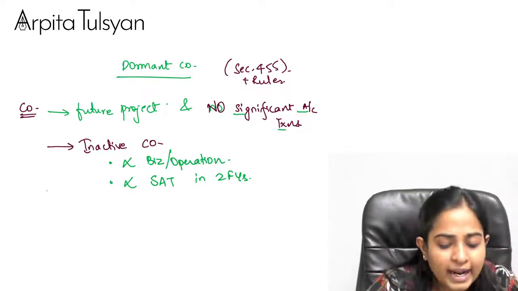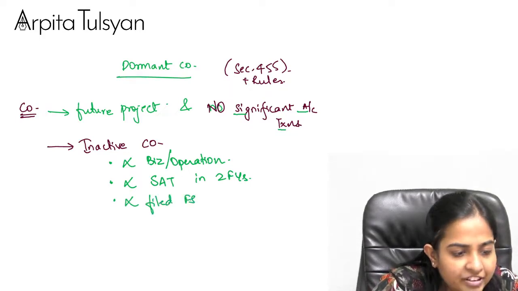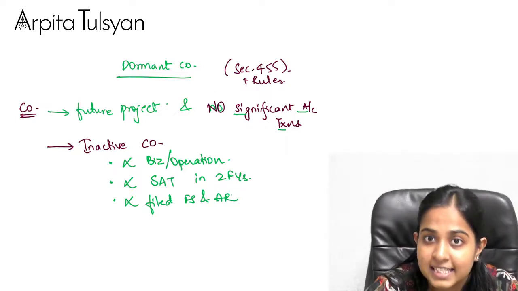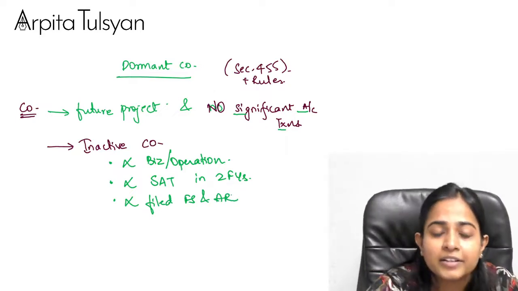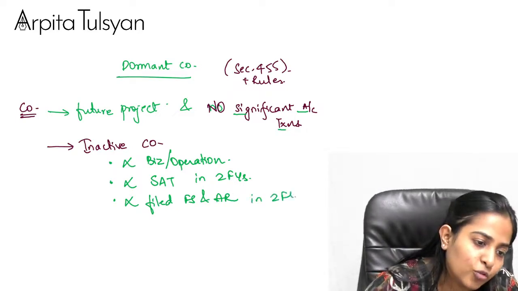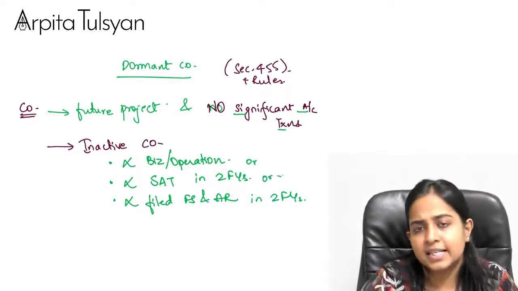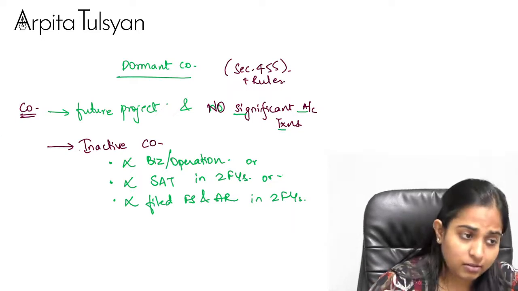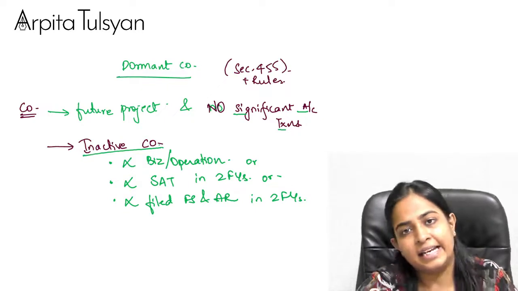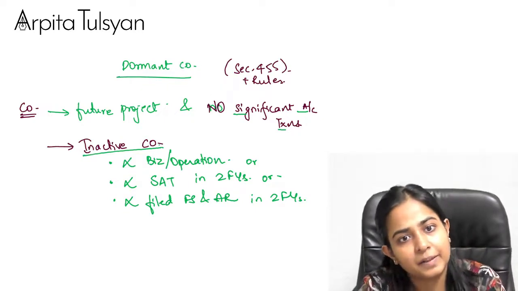Or any company which has not filed its financial statements under section 137 with the ROC, and annual return under section 92 with the ROC, during the last 2 financial years. If any one of these circumstances arises, then the company will be treated as an inactive company.